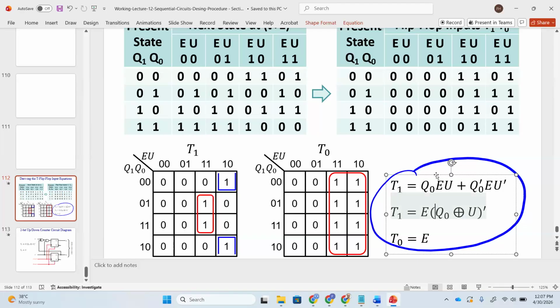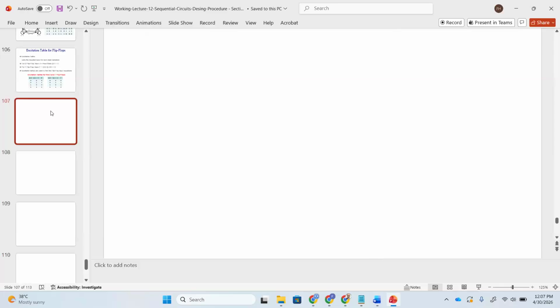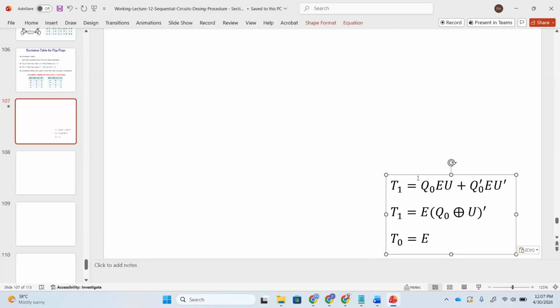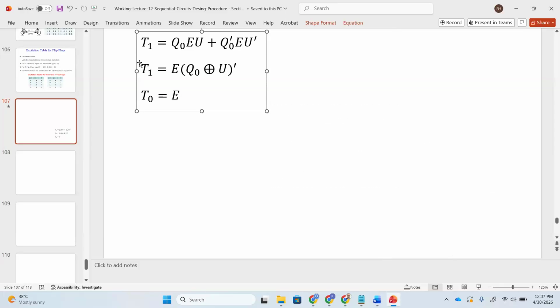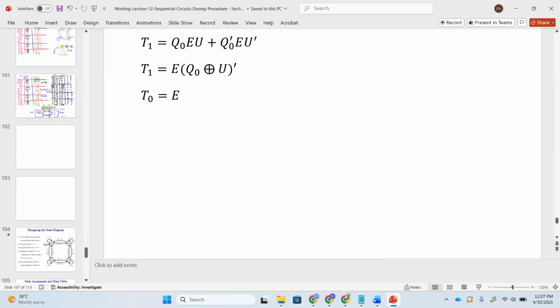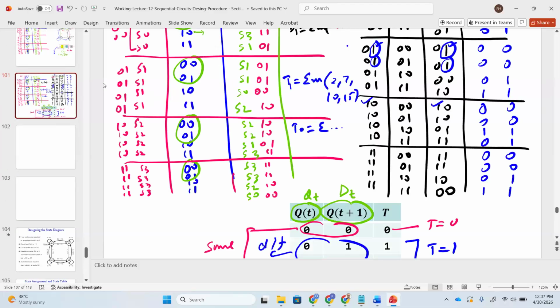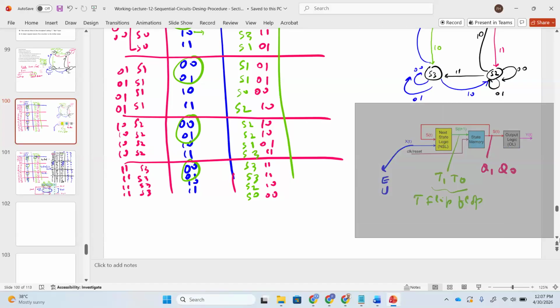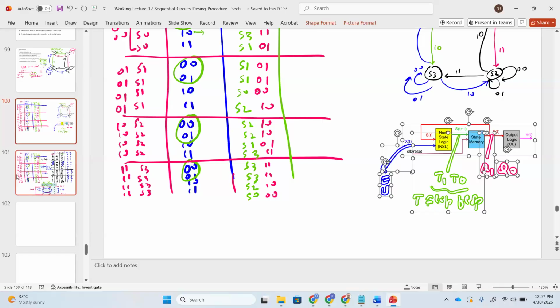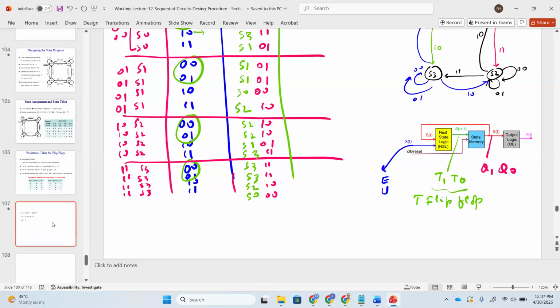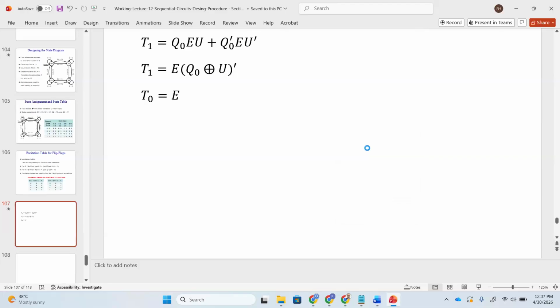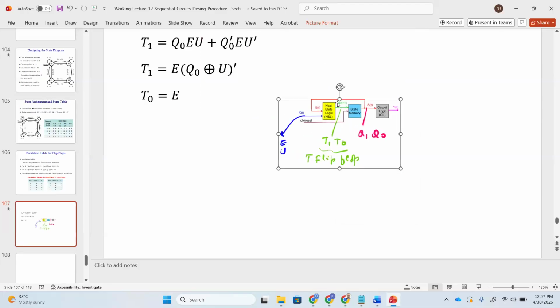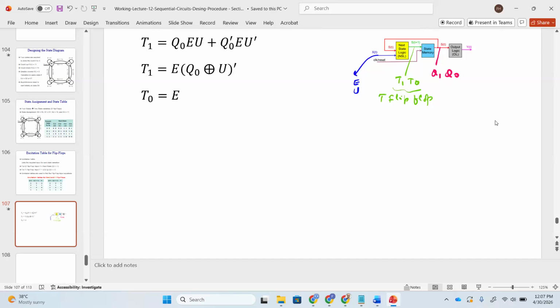So now these are the expressions for T1 and T0, and we derive them using the K-map. Please remember, we derive this expression from the K-map.